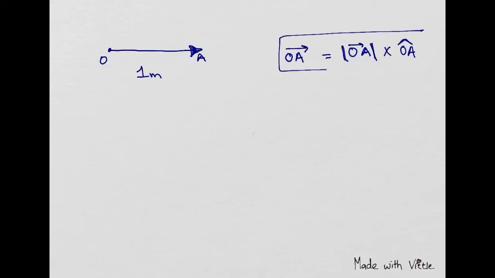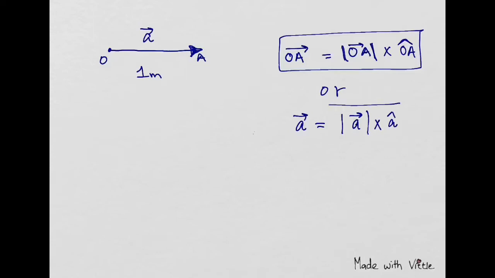Another way of writing it: let's say this is vector A. So vector A is written as the magnitude of vector A multiplied by the unit vector. Any vector quantity is represented in this manner.